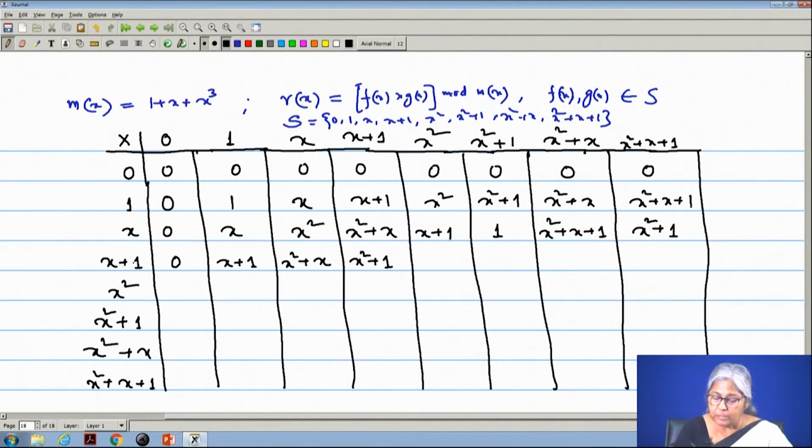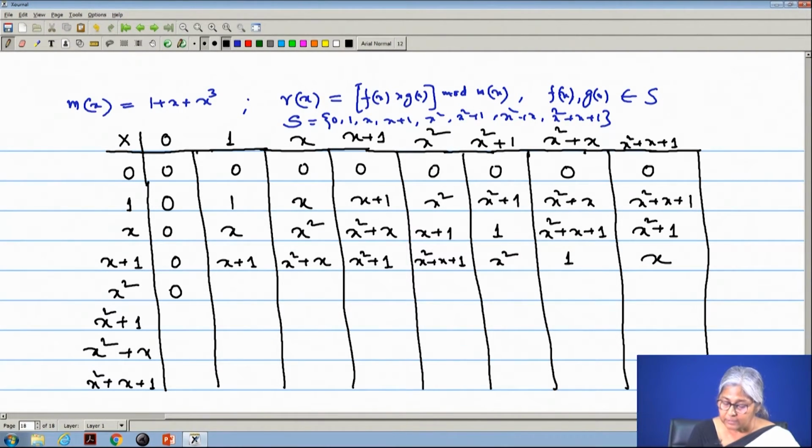If I multiply and then take modulo mx, then this is x square plus x plus 1, it is x square, then it is x plus 1 into this becomes 1, and this becomes x only.